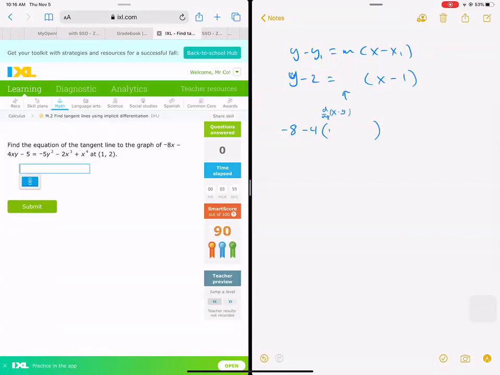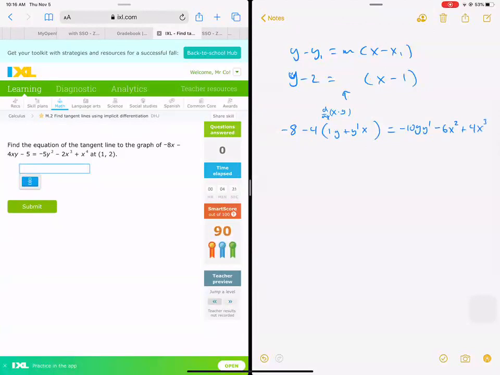Derivative of the front, leave the back alone, plus the derivative of the back, leave the front alone. Minus 5, the derivative of minus 5 is 0, equals the derivative of negative 5y squared, which is negative 10y y prime, minus 6x squared plus 4x cubed.